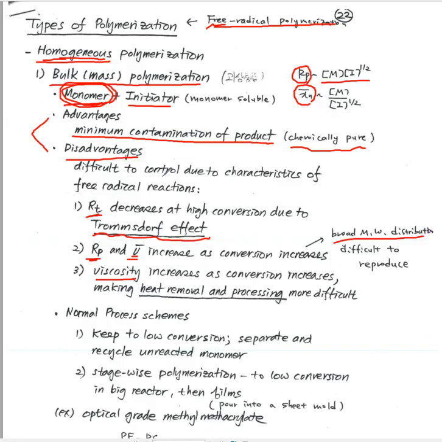But when you make the polymer using the bulk polymerization method, it's not really easy. And similarly to the number one, the auto acceleration, since the propagation is exothermic, heat removal is also a problem. I already mentioned that explosion could happen, right?